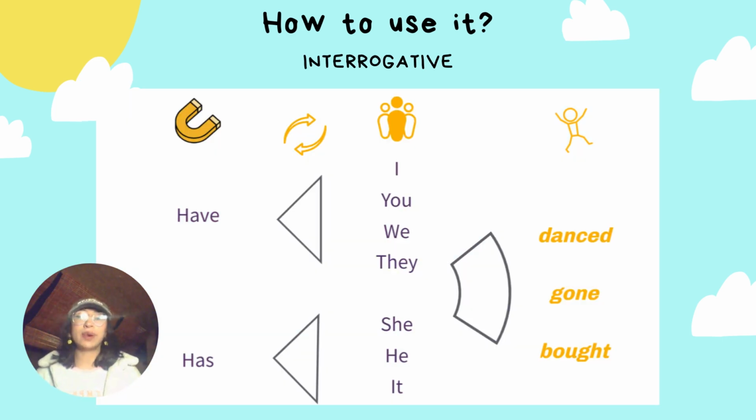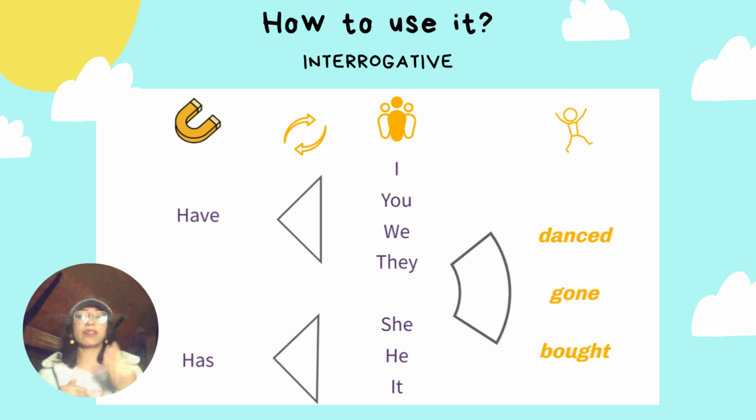And finally, we are going to continue with the interrogative way. We have have for the ones that I already told you, that will be I, you, we, they. Have you, have I, have we, have they. Have you danced? Have we danced? Have they danced? As an interrogative.